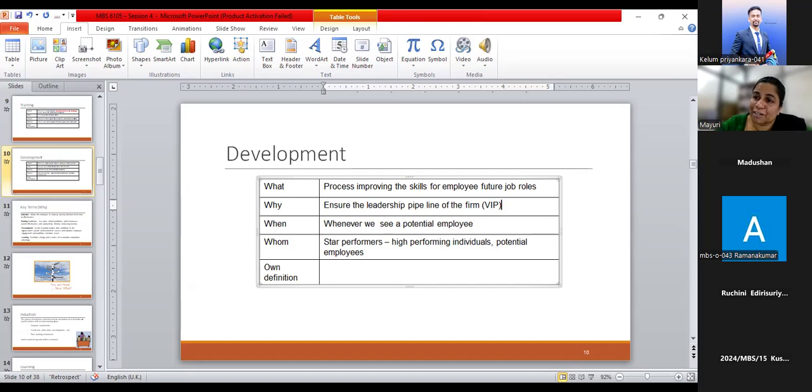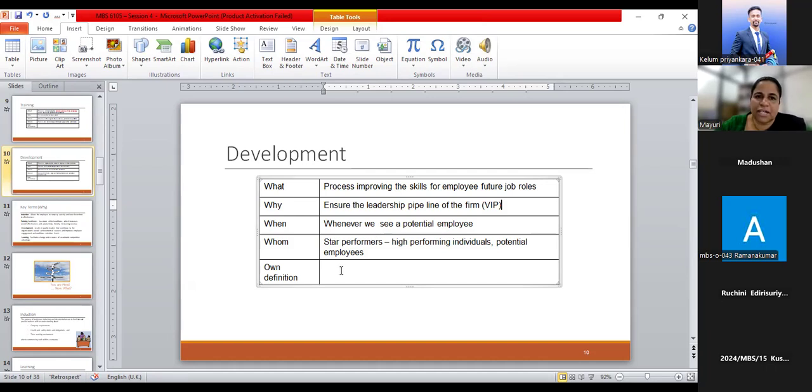We have to groom people and line up people, ready with. So that is what we call development. Is it clear to you, Ruchini? Yes, ma'am. Okay, right.